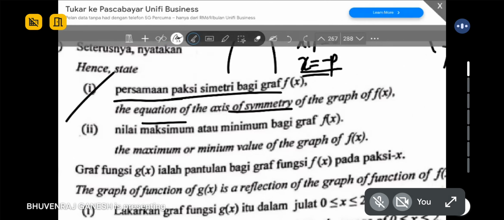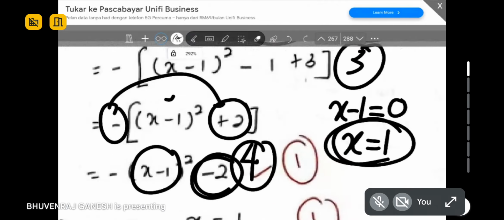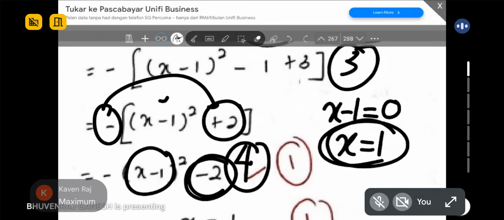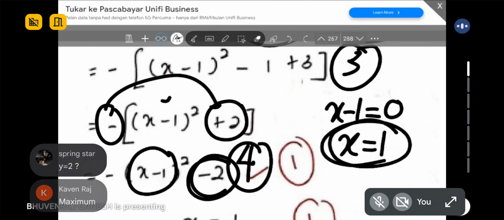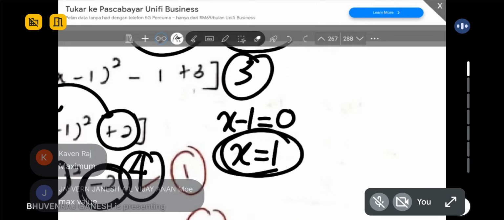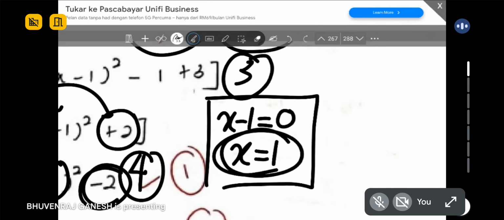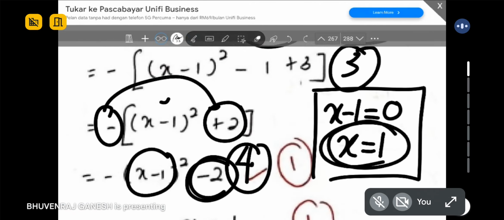Okay, so what is the maximum or minimum value, guys? Can you tell me? Nilai maximum atau nilai minimum? You write like that wrong, guys. Cannot write as coordinate. Take note. Question never ask coordinate. They ask you minimum or maximum value. Tak perlu. You just show this step. Enough. How to get axis of symmetry, tunjuk macam ni. Cukup. The answer is -2, guys.